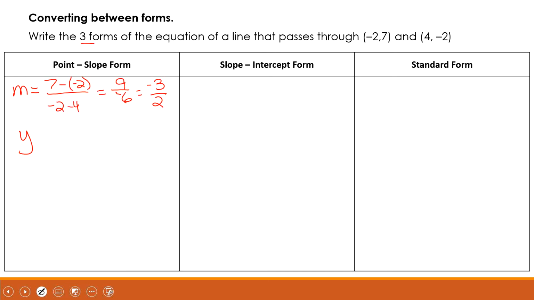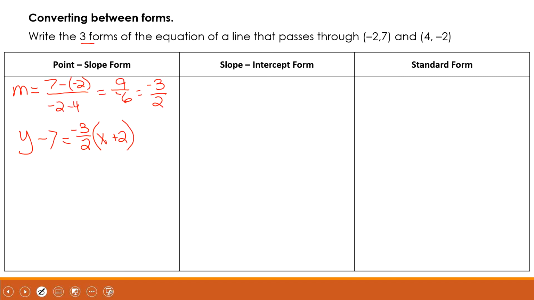So I have y minus 7 equals -3 over 2 times x minus 2, so plus 2, because it was minus the x value there, so it's minus -2, so that should be plus 2. So that is our point slope form. Does everybody see that? Everybody got that? You could have used the point 4, -2. I went with this one, and you'll see why in a minute.